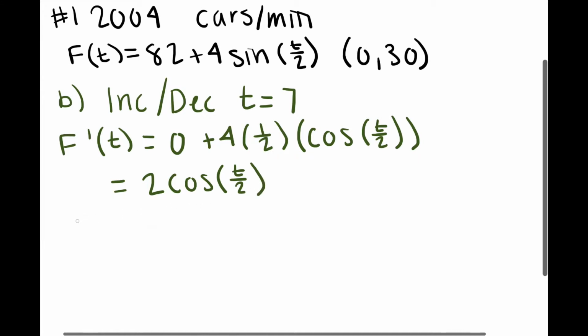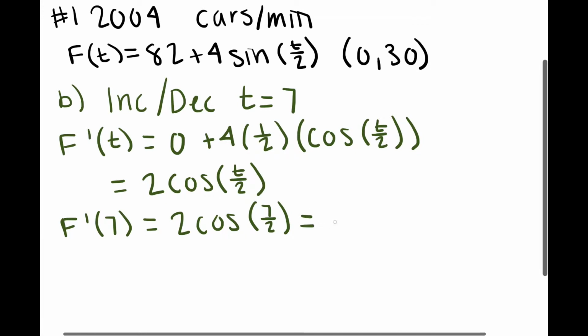To find whether it's increasing or decreasing at 7, you will take f prime of 7, which is 2 cosine of 7 over 2. And when you plug that into your calculator, you get about negative 1.873. Now, because the derivative is negative, that means that the traffic flow is decreasing.